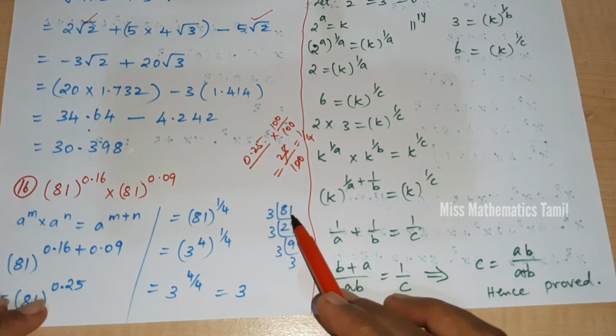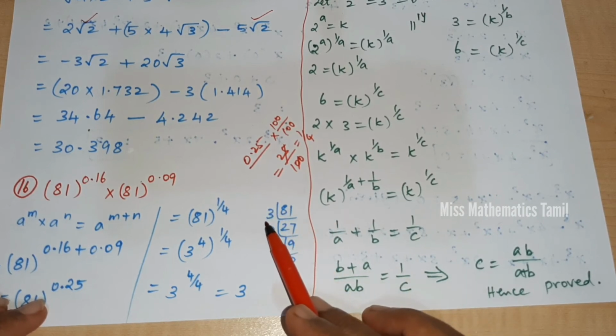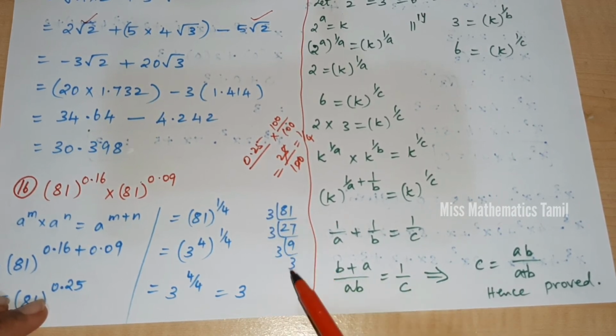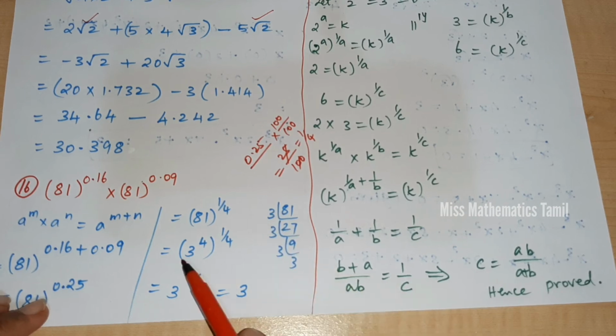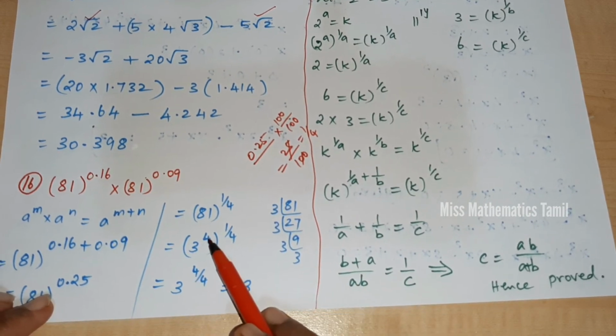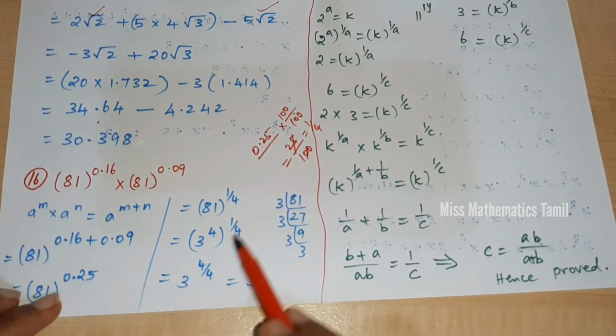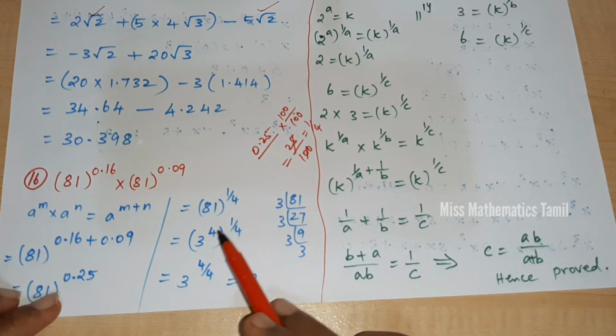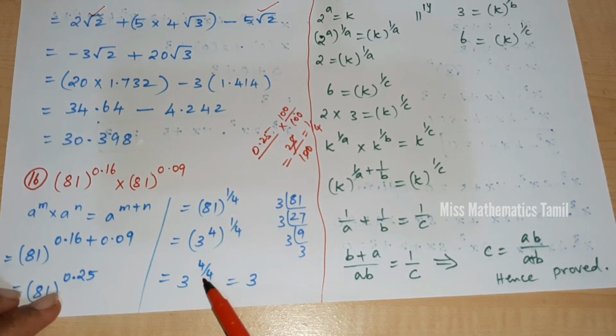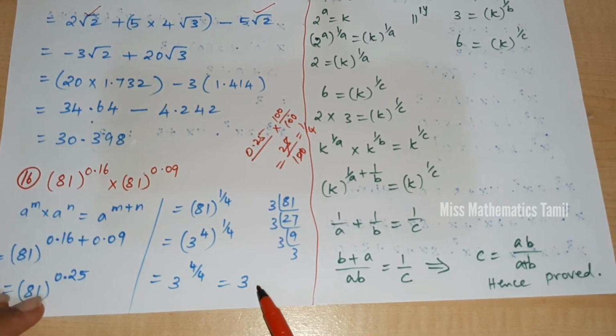How? 81, prime factorization, 3 table I am using. So 81 is 3 to the power of 4. How many 3's are there? 1, 2, 3, 4. So 3 to the power of 4 is 81. Now 3 power 4, power 1 by 4, power into power. So 4 by 4 cancelling, final answer is 3.